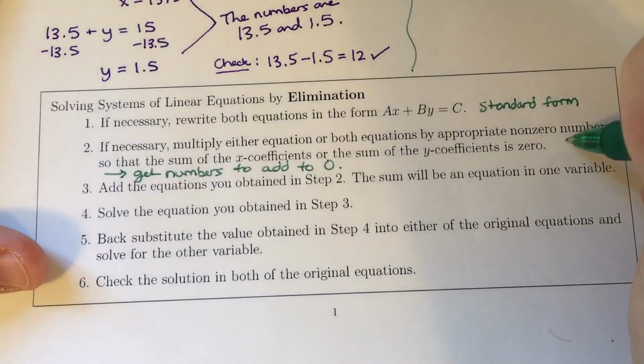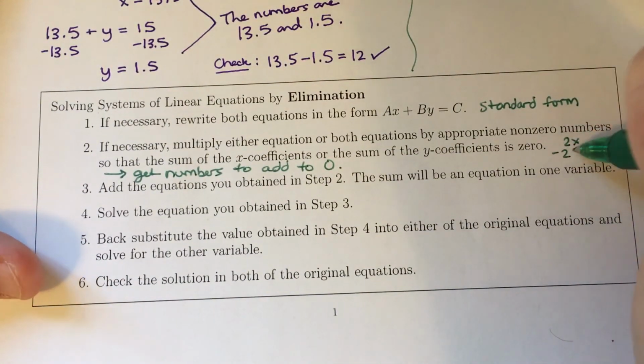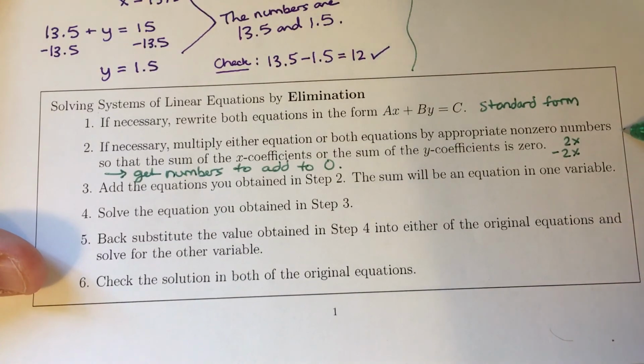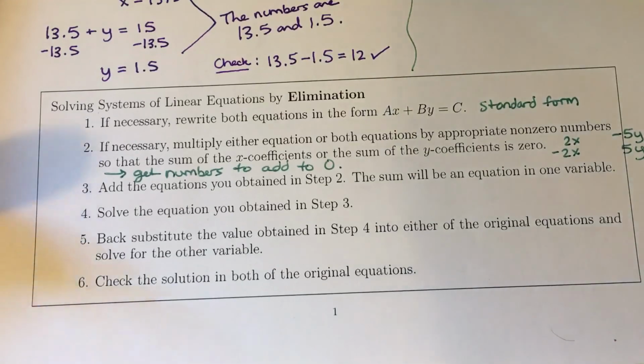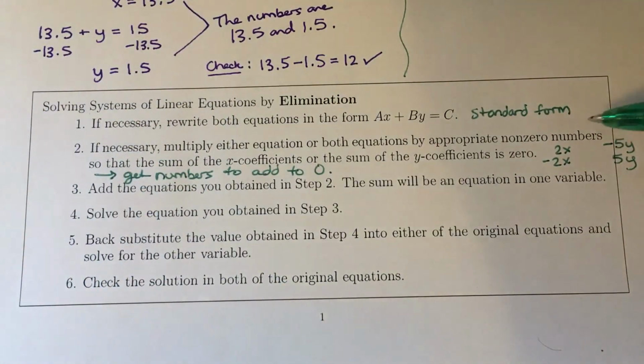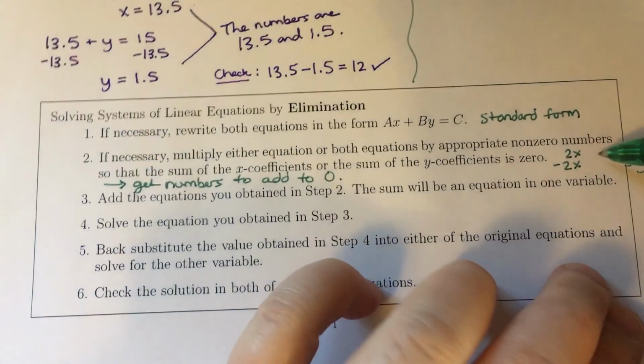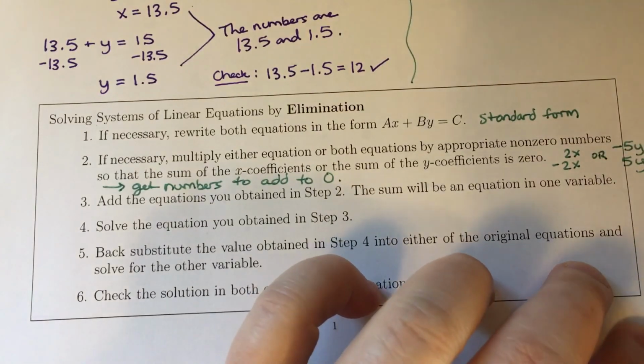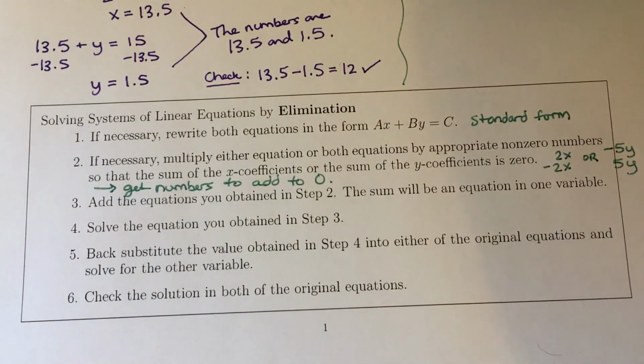So you could have 2x and then a negative 2x. That would add to 0. You could have negative 5y, positive 5y. That would add to 0. So we're trying to get the coefficients on either x or y, doesn't have to be both, one or the other to add to 0.